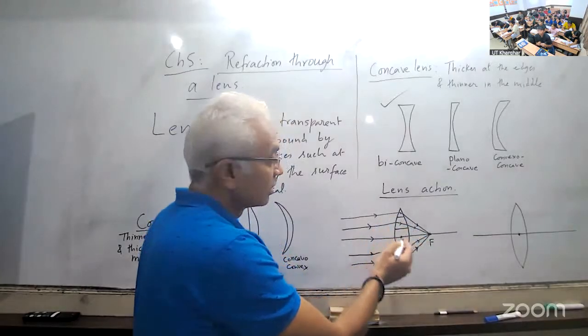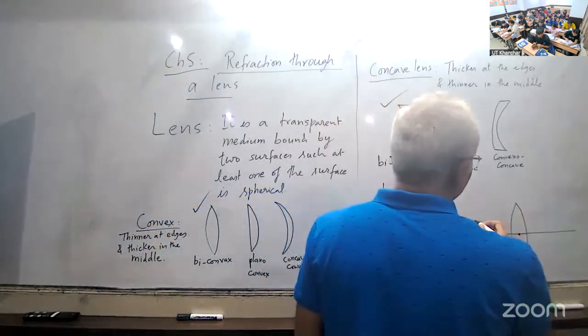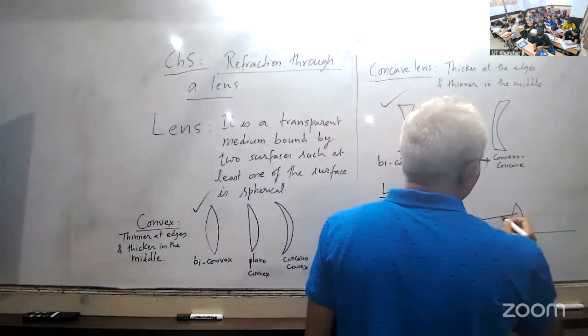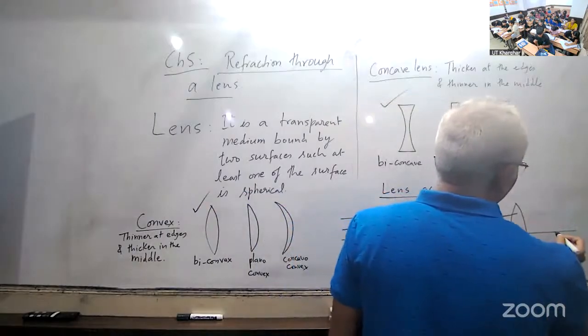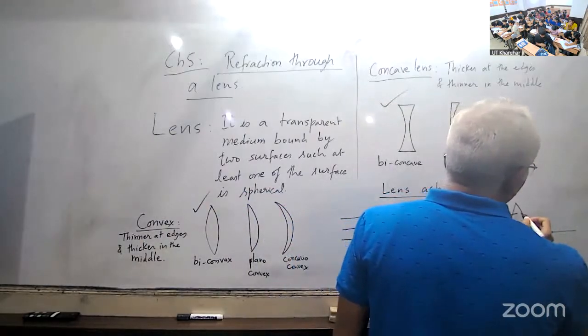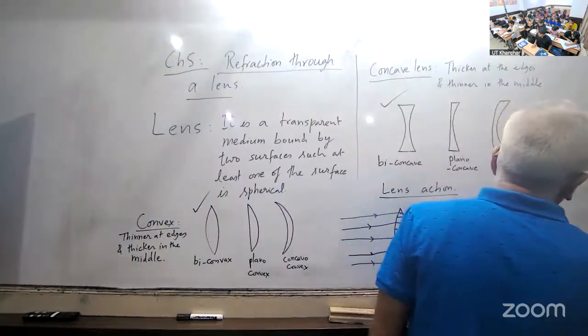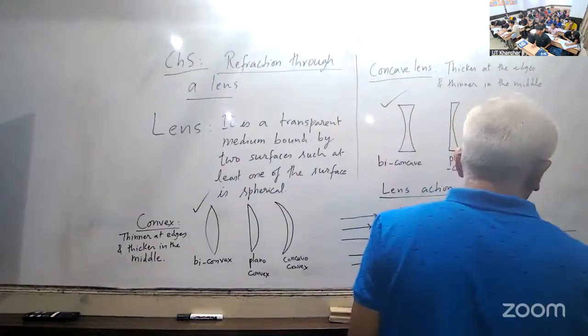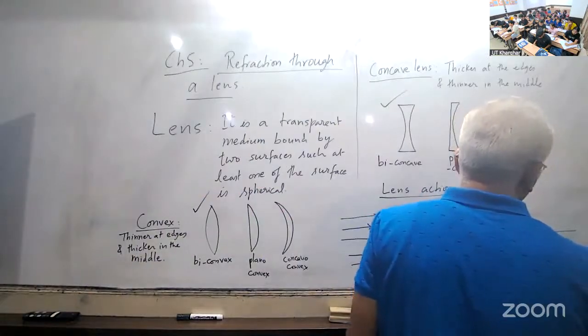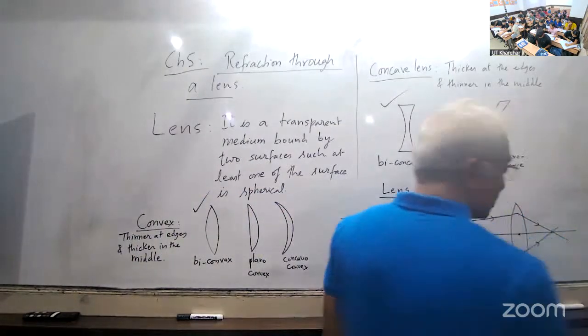When we draw the ray diagram, we take the ray till the middle of the lens. Fully aware that if the ray is parallel, it will pass through focus of the lens. So this is how the ray diagram will be drawn. So you don't have to worry about too many bendings at every surface.